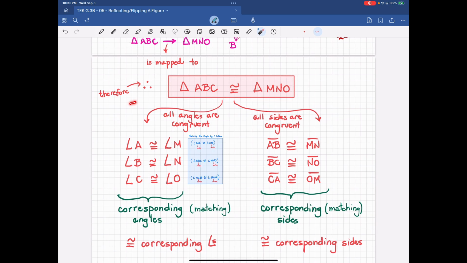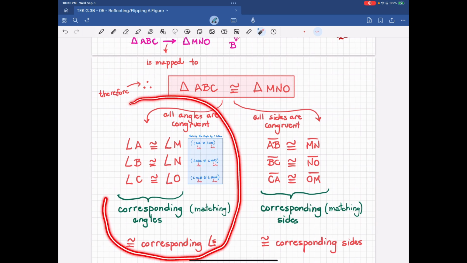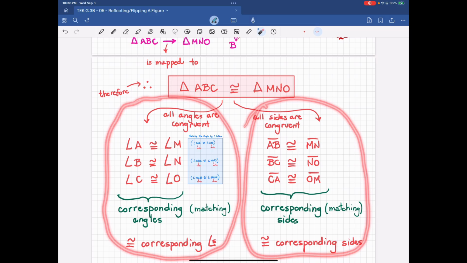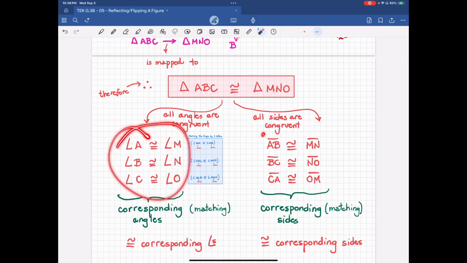Here we have our corresponding angles, and here we have our corresponding sides. And because this is a congruence transformation, these angles are congruent, these sides are congruent. Now, if this was a dilation, that would not be true because a dilation is not a congruence transformation, it's a similarity transformation.